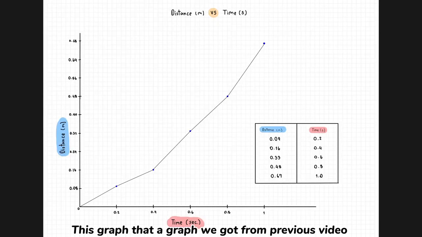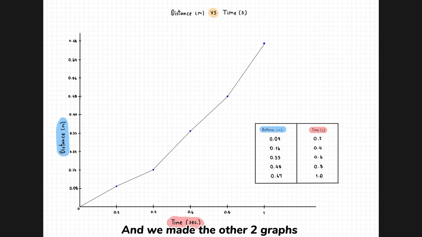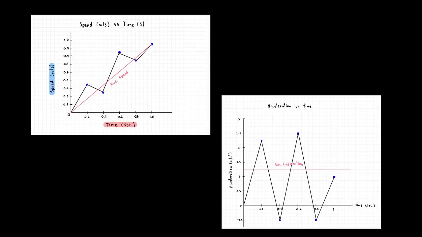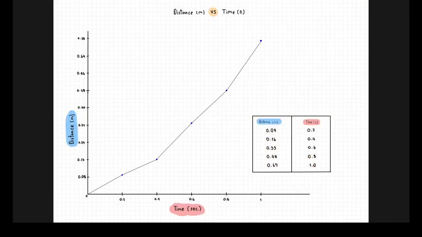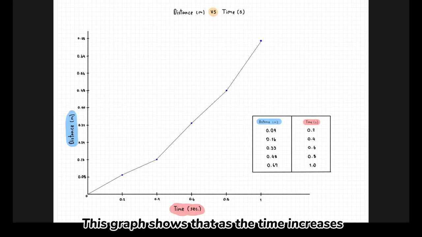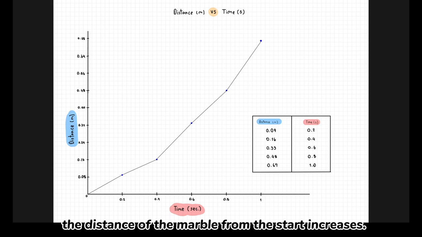This graph is the graph we got from the previous video, and we made the other two. This graph shows that as the time increases, the distance of the marble from the start increases.